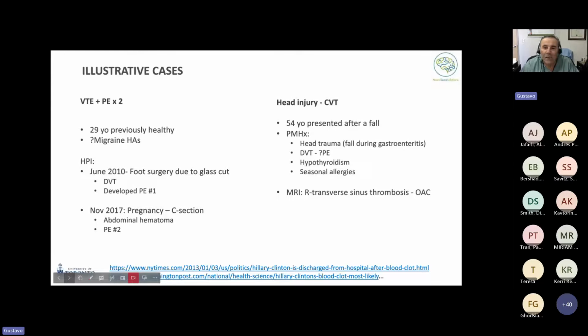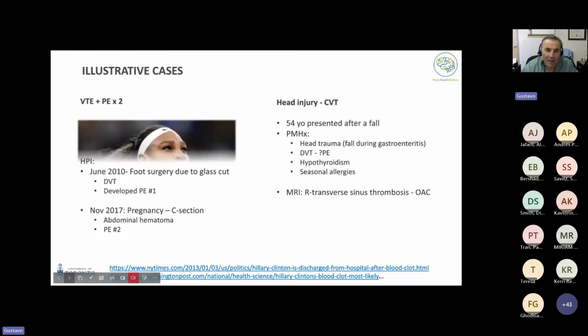The second is a 54-year-old woman who, after having a fall, had gastroenteritis apparently, and then developed a deep venous thrombosis. It's not entirely clear whether or not she had a pulmonary embolism. And in the CT scan as part of the follow-up, she was found to have a right transverse sinus thrombosis, and she was started on oral anticoagulation therapy anyway.